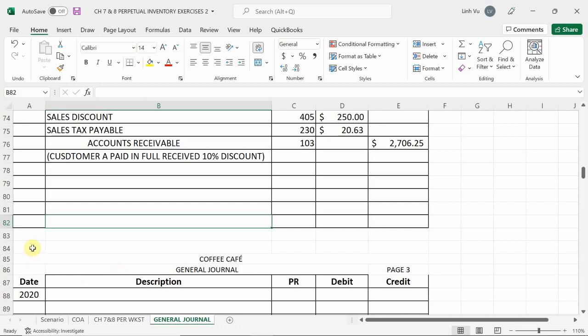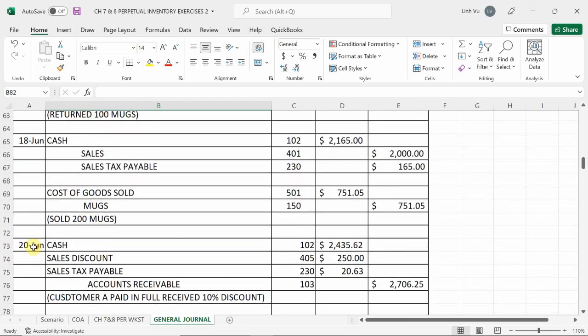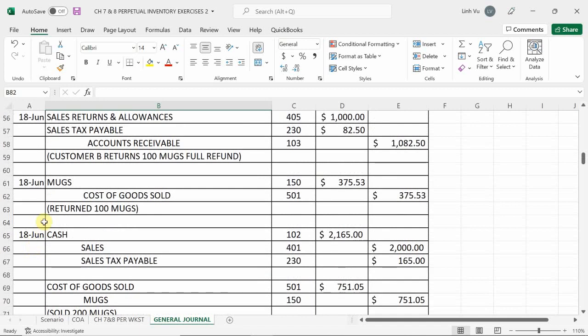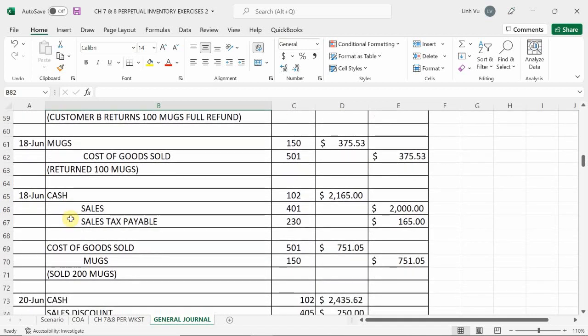So it would be... no, start with accounts receivable? No, we sold it for cash. So it would be cash, sales, and sales tax.